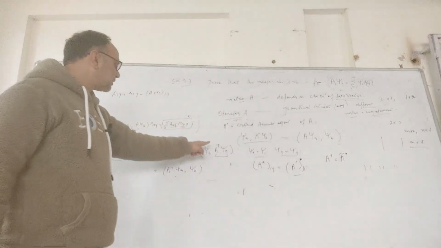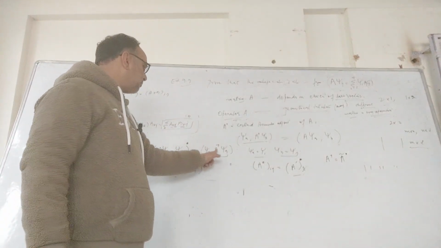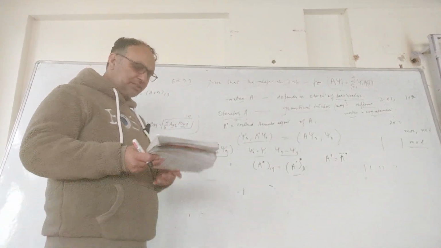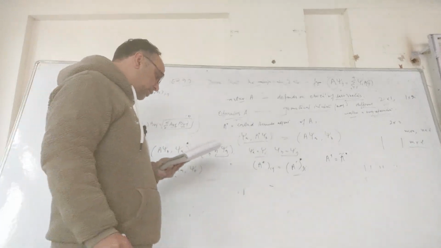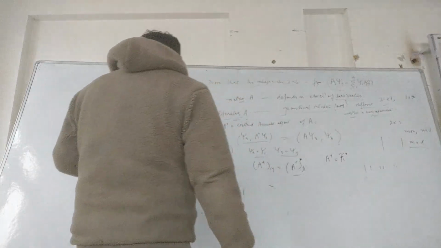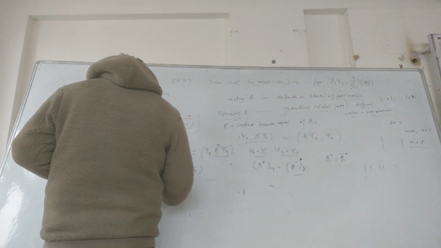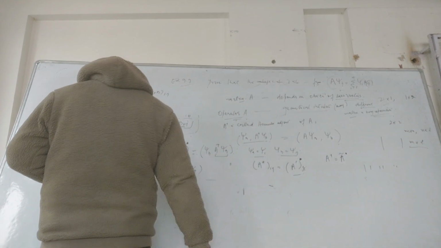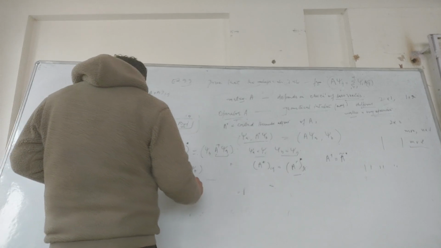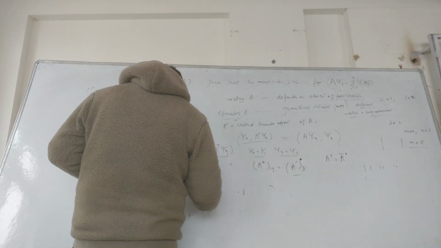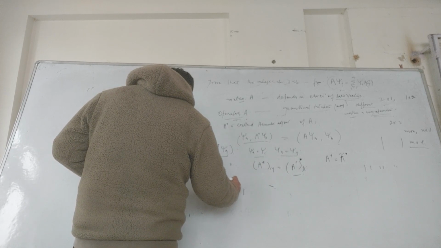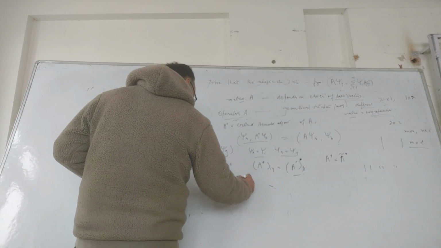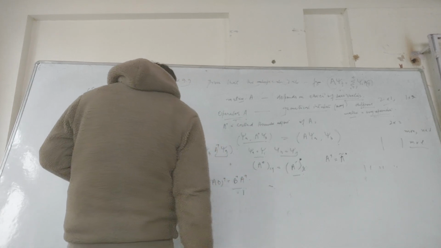If you again take the complex conjugate, it becomes dagger. So we can say the important theorem containing this is that (AB) dagger is B dagger A dagger.